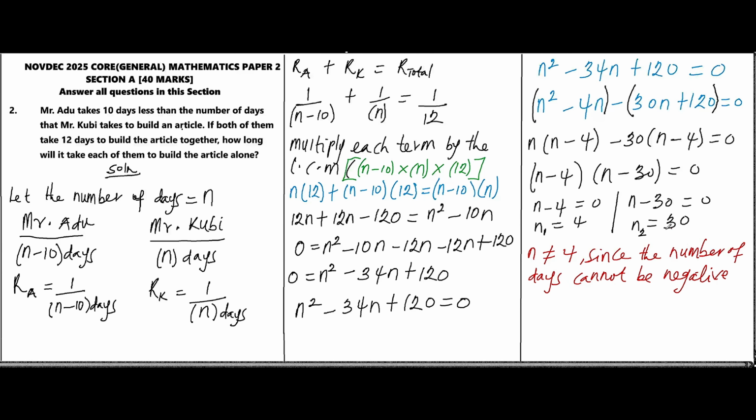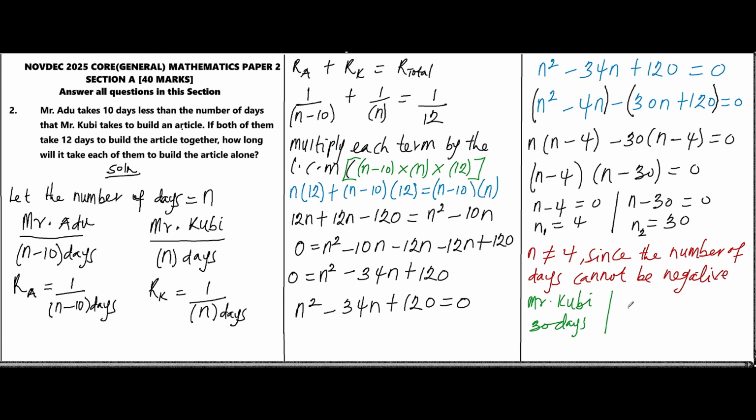So if that is the case, we can say that n is 30. So with this, remember we have to find how long it will take each of them to build the article alone. So for Mr. Kubi, it will take him 30 days. So we just substituted n here, so that is 30 days.